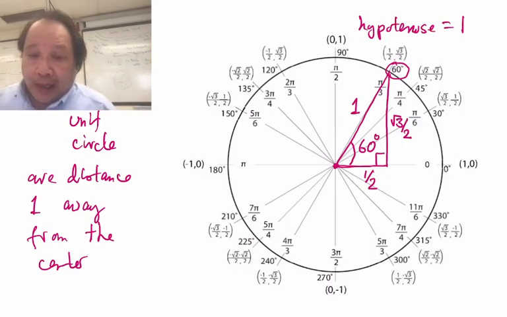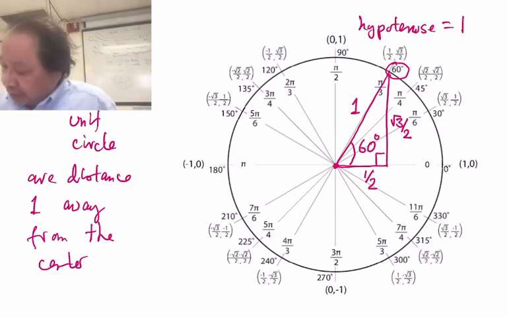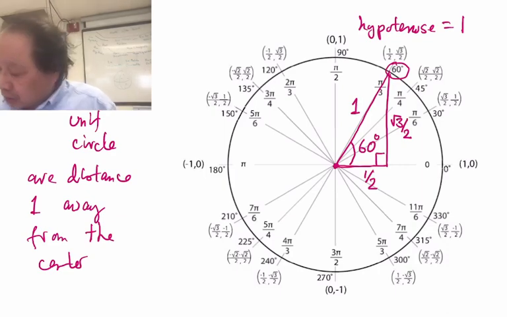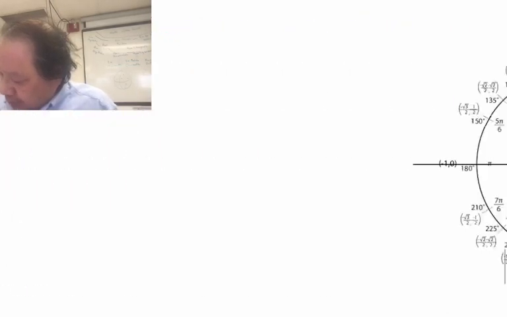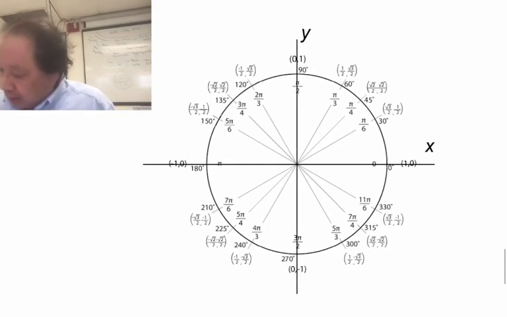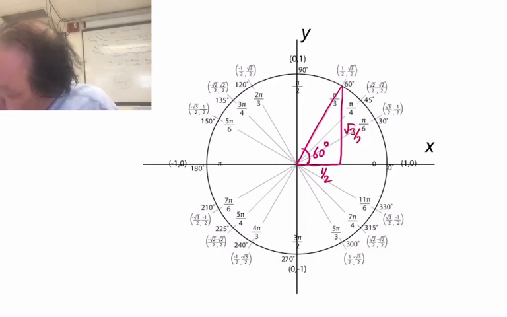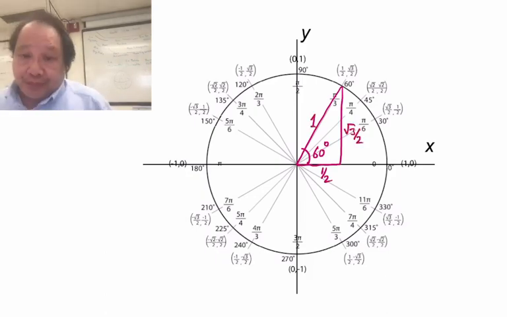Okay, and we're now going to scientific graphing, and we're going to put this unit circle onto the XY plane. And as we saw before, here's that angle of 60 degrees, and this is length 1/2, this is length √3/2, and this is length 1.